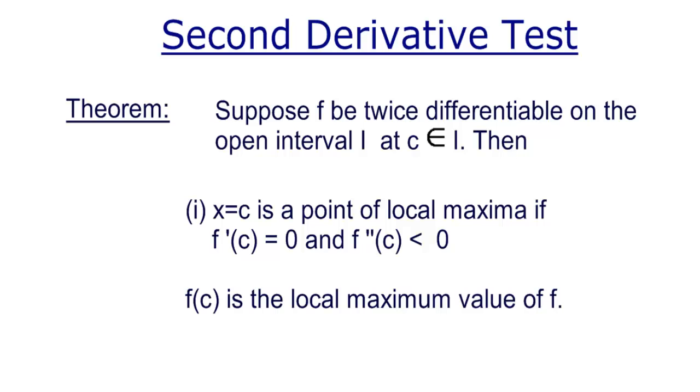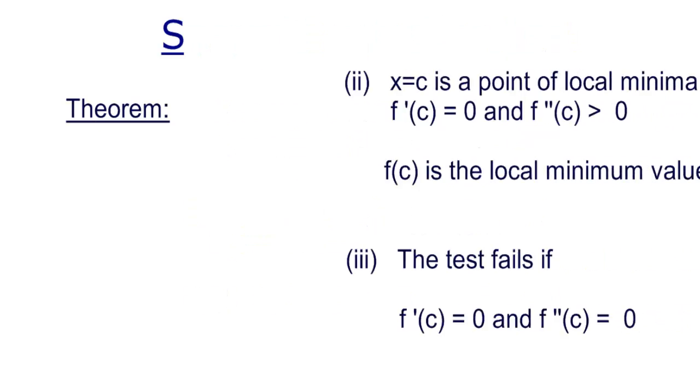Then f of c is the local maximum value of f. That is, the first derivative must be 0 and the second derivative shows a negative sign, then the function has a local maximum value and x equal to c will be the local maximum point.